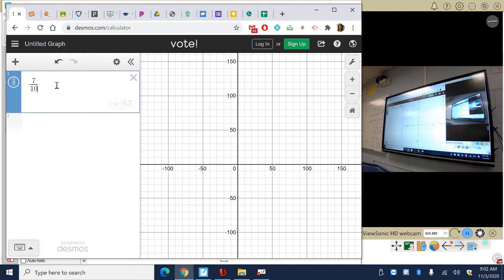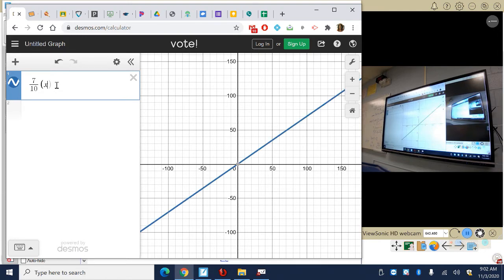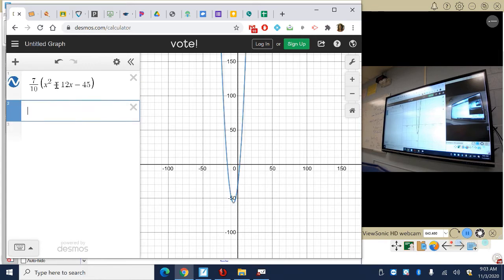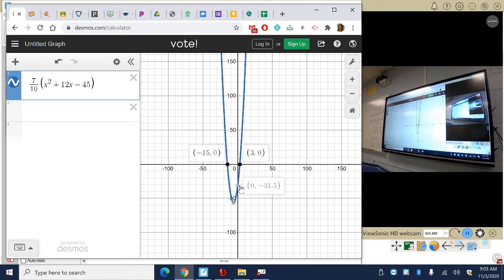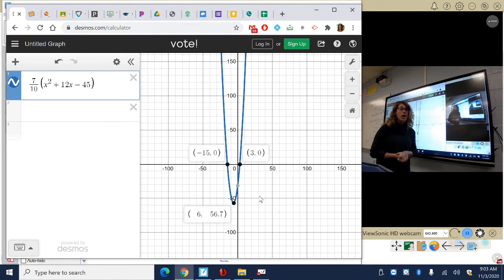So that's 7 divided by 10, parenthesis, x squared plus 12x minus 45. And hit enter. The directions say to find the x-intercepts. So that's going to be 3 and -15. And there's my vertex. So -15 and 3 are going to be your x-intercepts, and you are done. Okay? That's all you have to do.